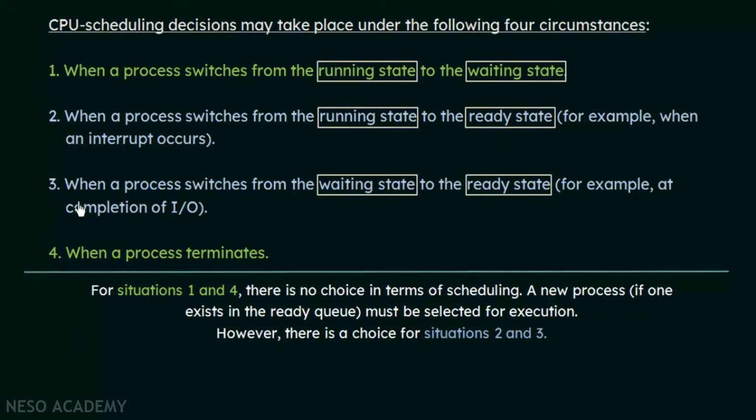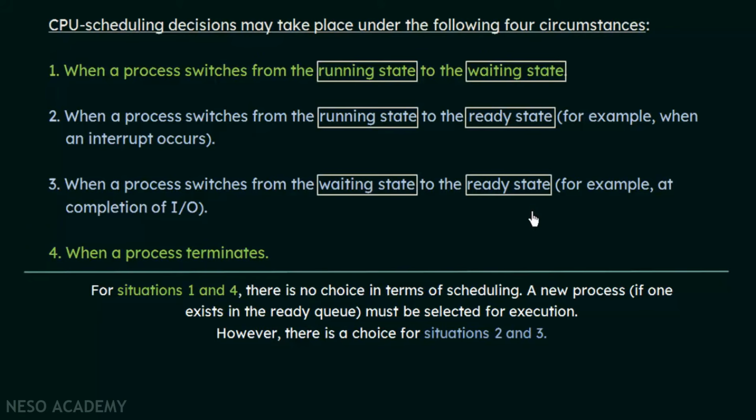Now let's look at situation number 3. Here it says, when a process switches from the waiting state to the ready state, for example, at the completion of an IO. Here the process was in the waiting state. That means it was already running and it had some IO operations to complete, so it went to the waiting state. Now, when the IO operation has finally completed, the process comes back from the waiting state to the ready state. That means now it is ready to be executed.